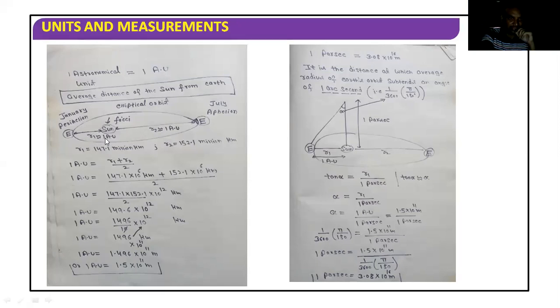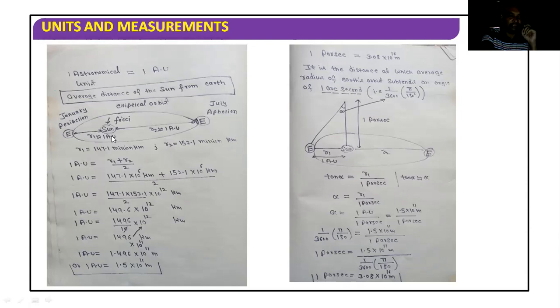Exactly it is not one astronomical unit, because one astronomical unit is the average of R1 and R2, but I can take R1 nearly equal to one astronomical unit, and R2 again nearly equal to one astronomical unit. The exact astronomical unit is the average of these two, R1 plus R2 divided by 2. But it can be taken as nearly equal to 1 astronomical unit.